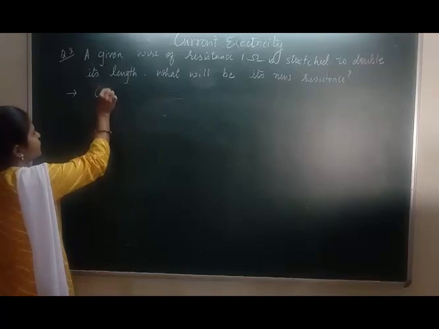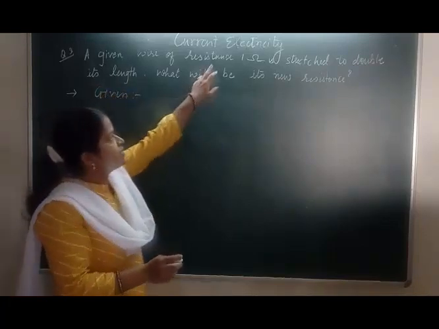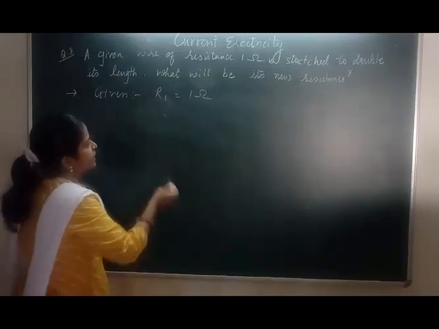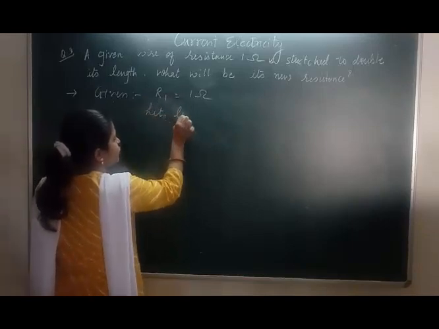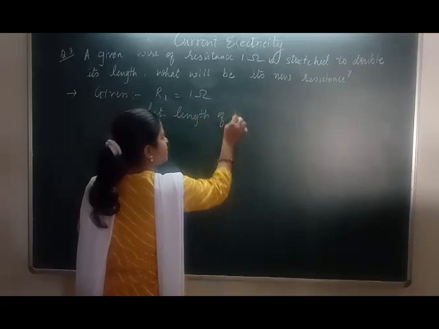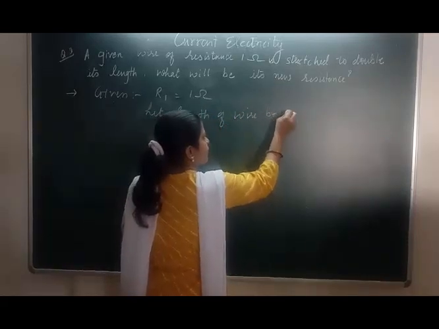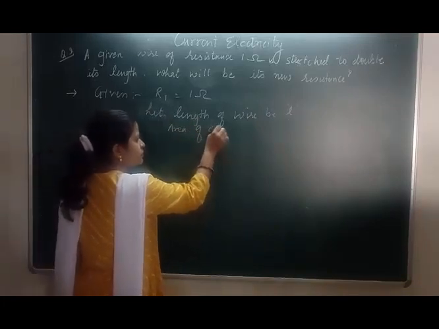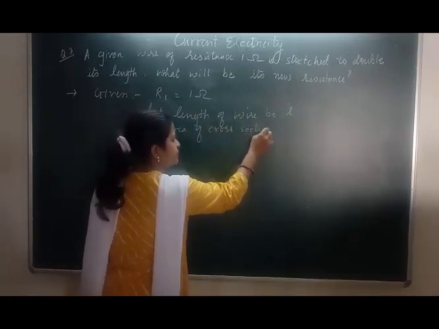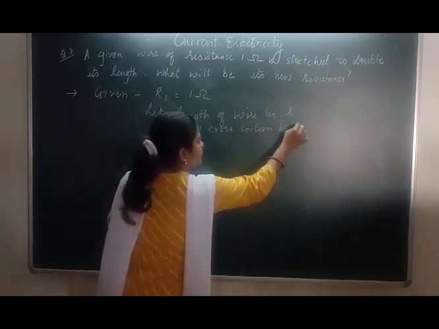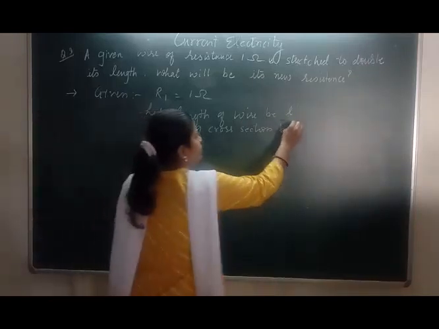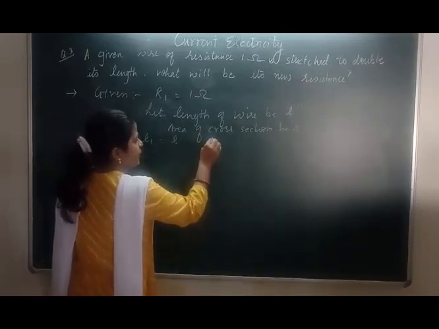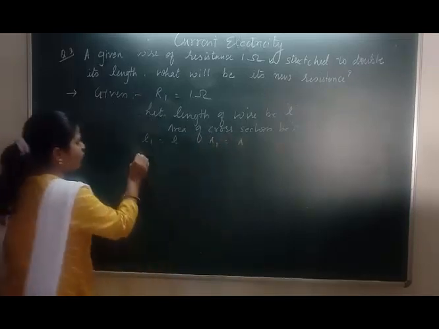So given resistance, that is R1 is given to you as 1 ohm, and let us consider, let length of the wire be L, therefore area of cross section be A. So we get, so here it is, L1 is as a L, okay, and A1 is as a A. So what about L2?